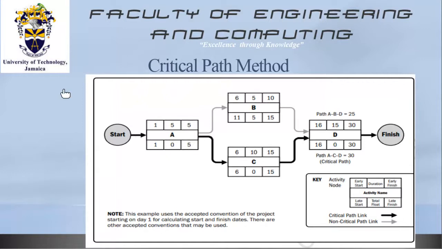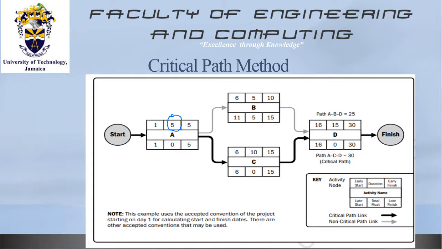Okay. So when we get information, we could get information to generate a network diagram. So you're given the information and it says activity A will take 5 days. So this represents the duration that the activity will take.